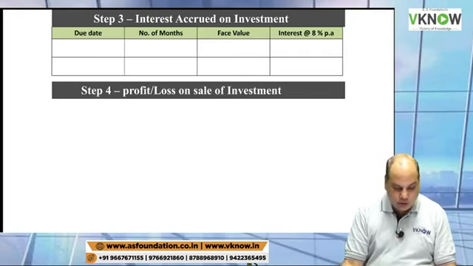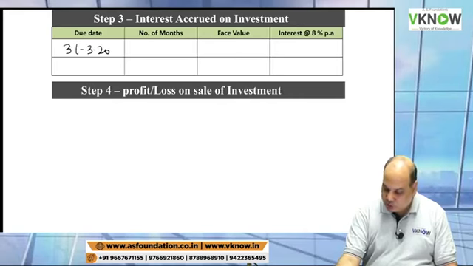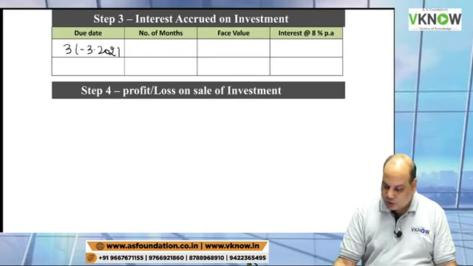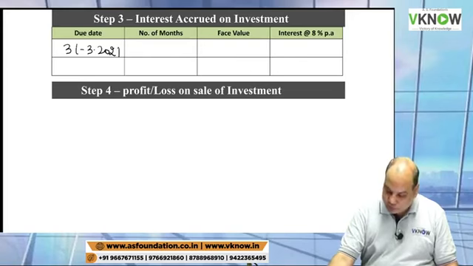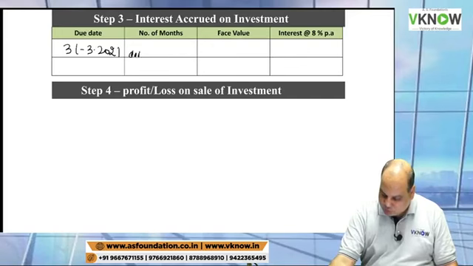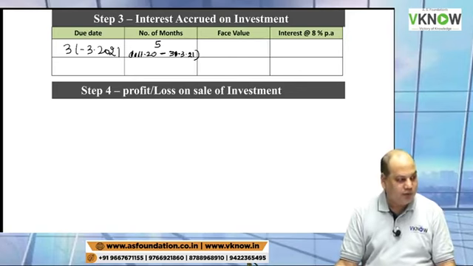So interest will accrue on 31st March 2021, and interest will accrue from 1st November 2020 to 31st March 2021. So it comes to 5 months.